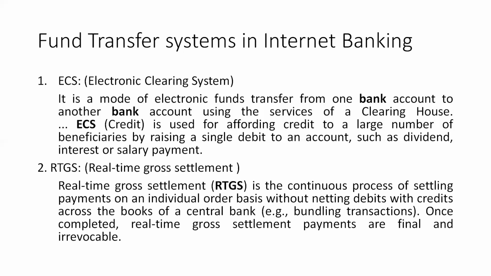So this ECS automatically clears the fund transfer from the customer account to the insurance company's account at every time interval. For example, monthly, quarterly, yearly, 6 months, like that. The mandate is raised by the insurance company to the concerned bank, reminding that the fund has to be transferred from the customer without the knowledge of the customer.